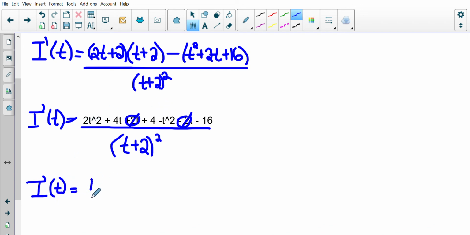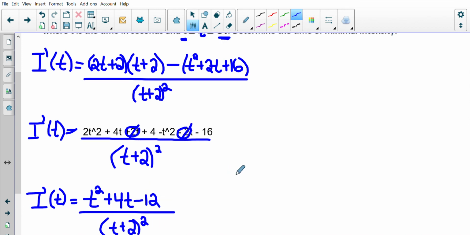Well, that means there is just a t squared left. T's, I just have 4t. And then plus 4 minus 16, I got a minus 12. And then I have again on my bottom t plus 2 squared.